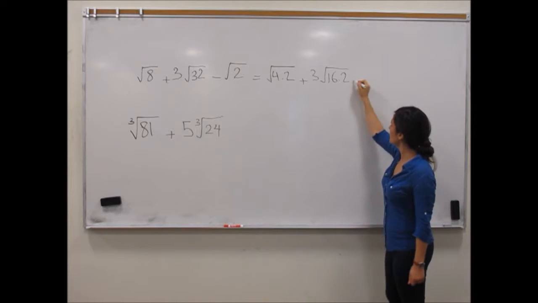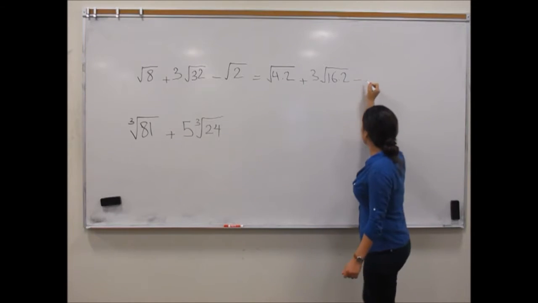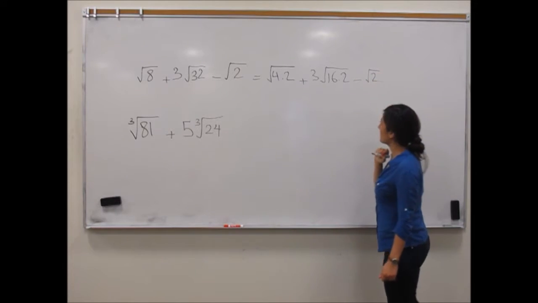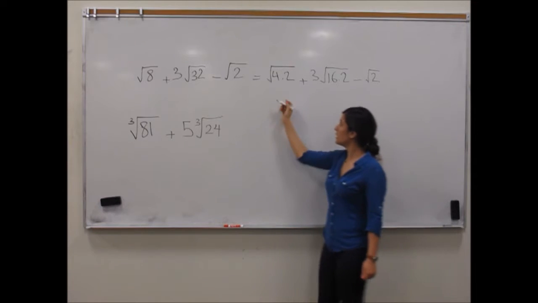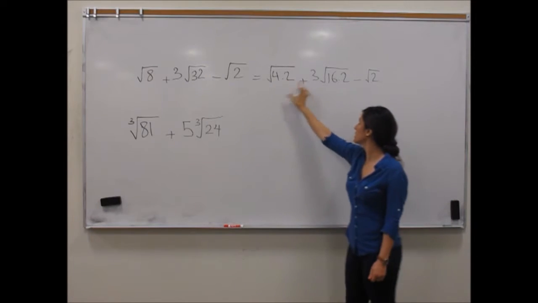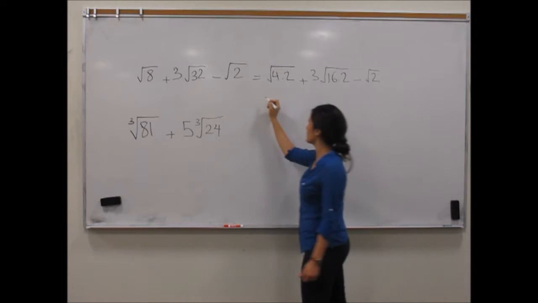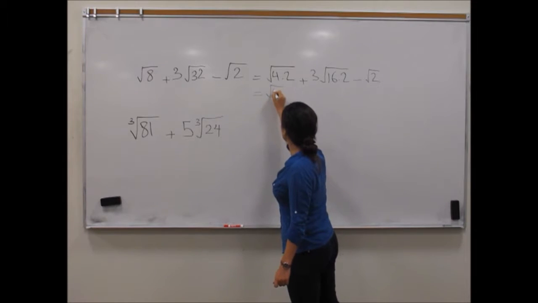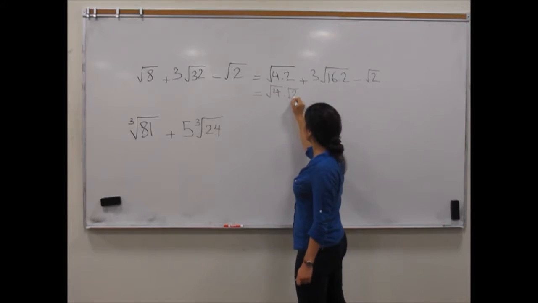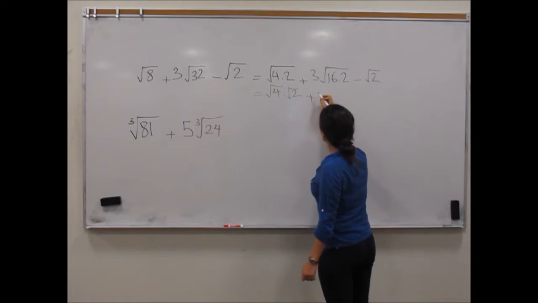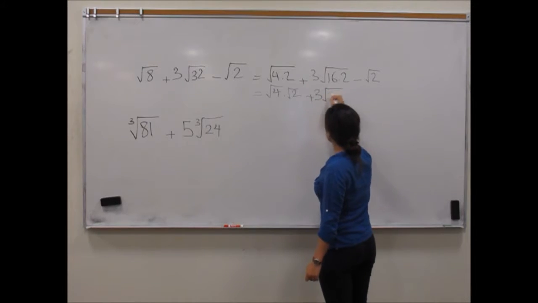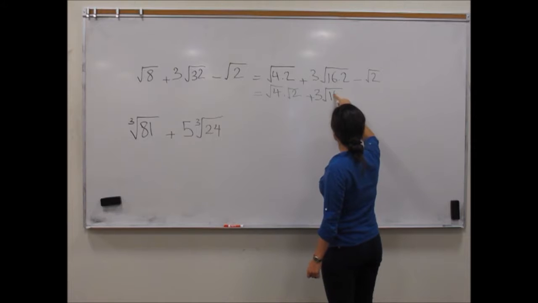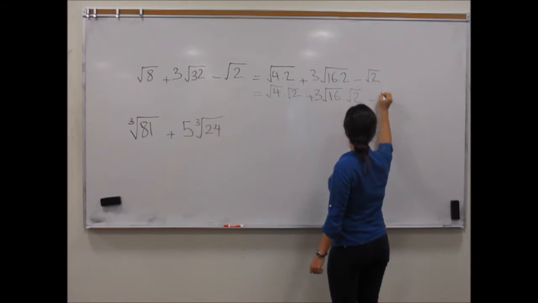And then the rad 2, I will keep the same way. Then I can break down these two radicals into separate radicals each. So that would be rad 4 times rad 2 plus 3 times rad 16 times rad 2 minus rad 2.